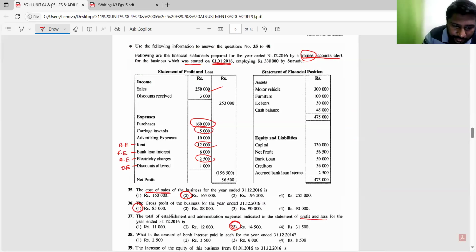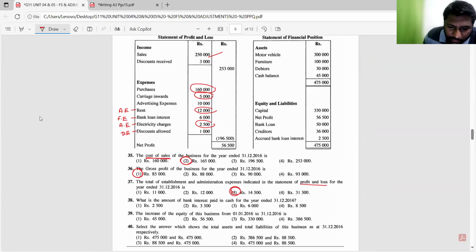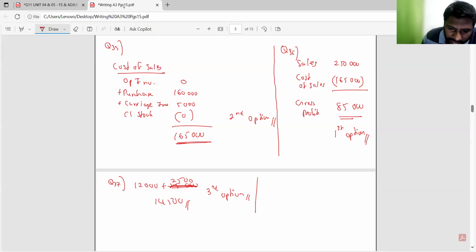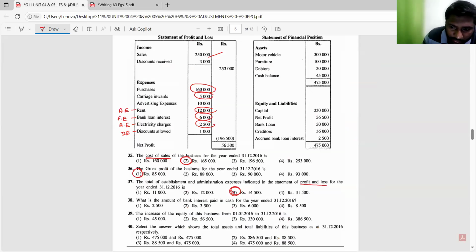Next one. What is the amount of bank interest paid in cash? How much bank loan interest have they paid in cash? Interest expense is 6,000. You have a paid amount and a not yet paid amount. Out of that, the not yet paid amount you can find here, 2,500, accrued bank loan interest.